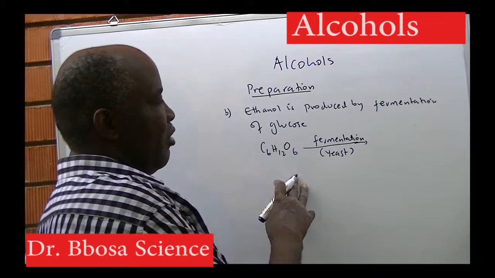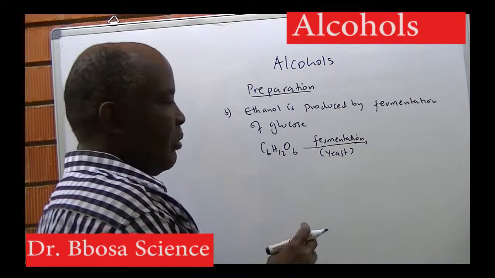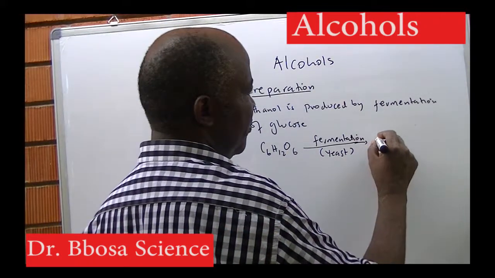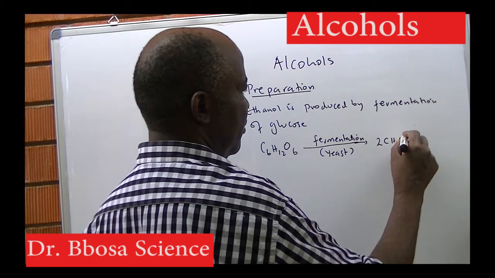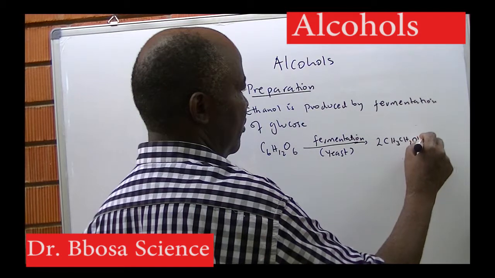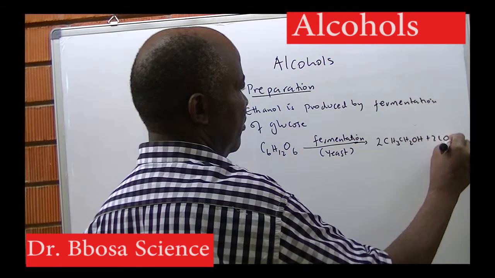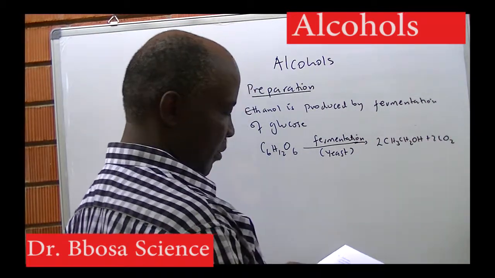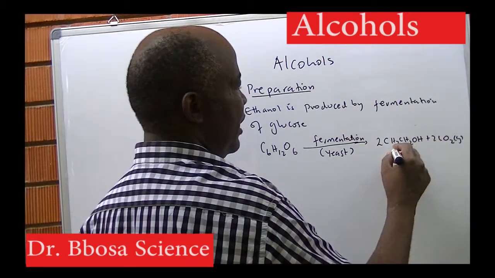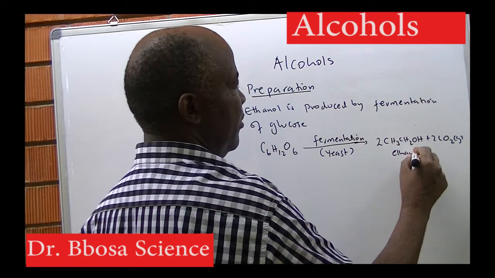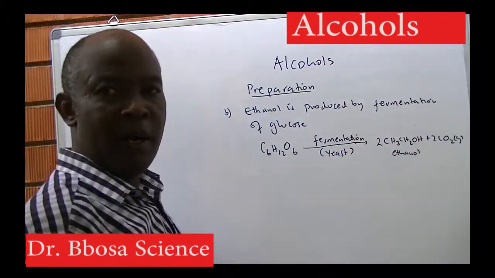So glucose undergoes fermentation in the presence of yeast to form ethanol and carbon dioxide.